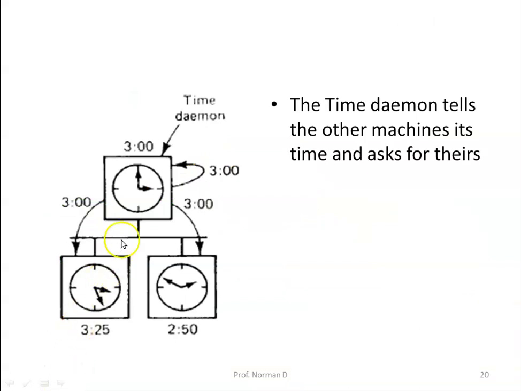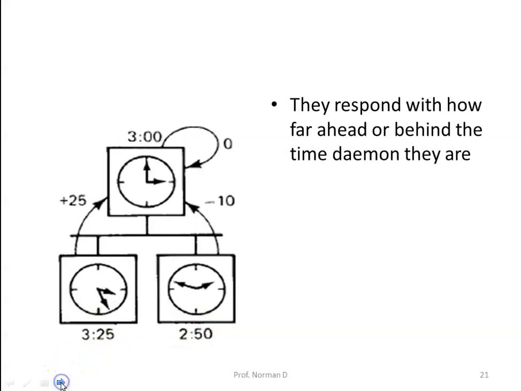Another example, we have the master over here. The master is asking for the time of the other machines. Here we can see that the time of the master is this value, here it is some different value, and here it is some other value.